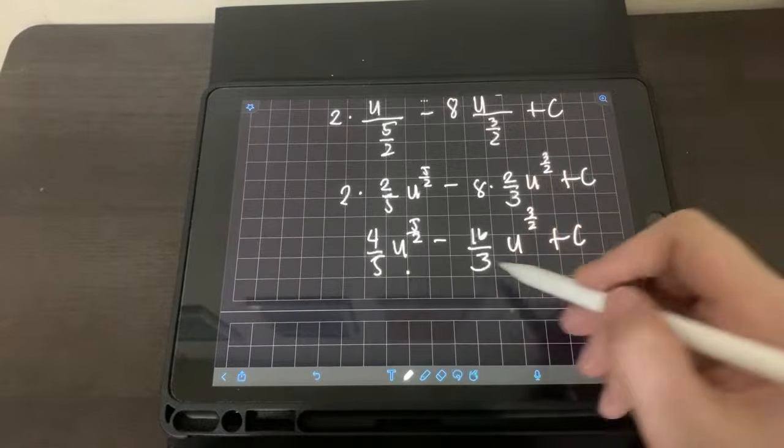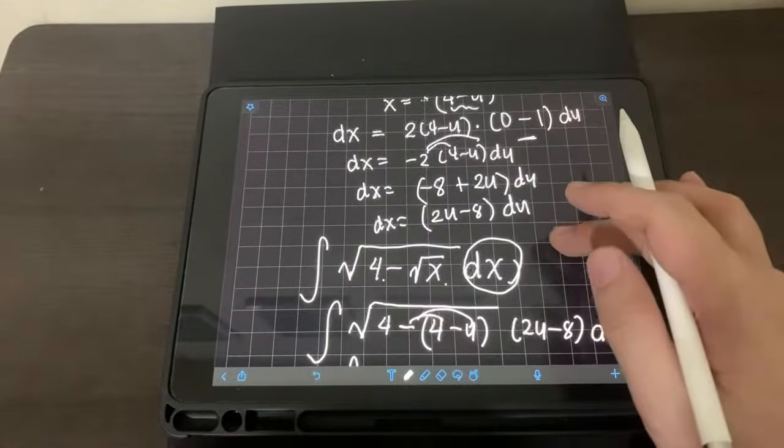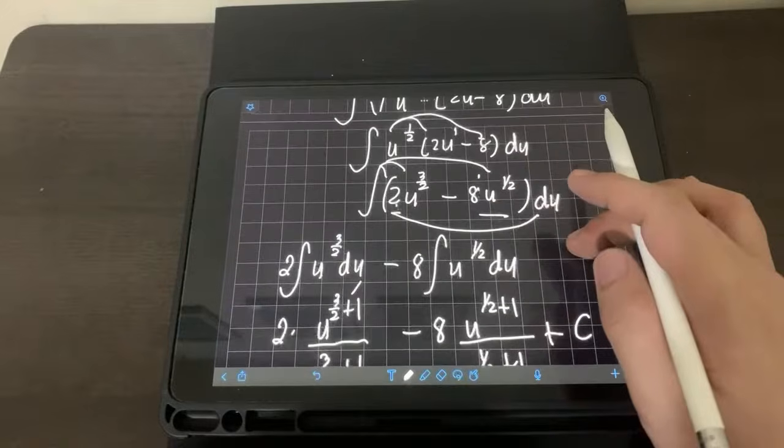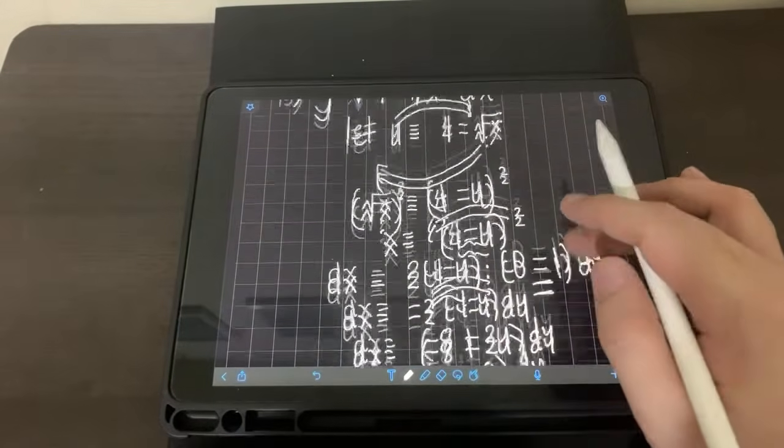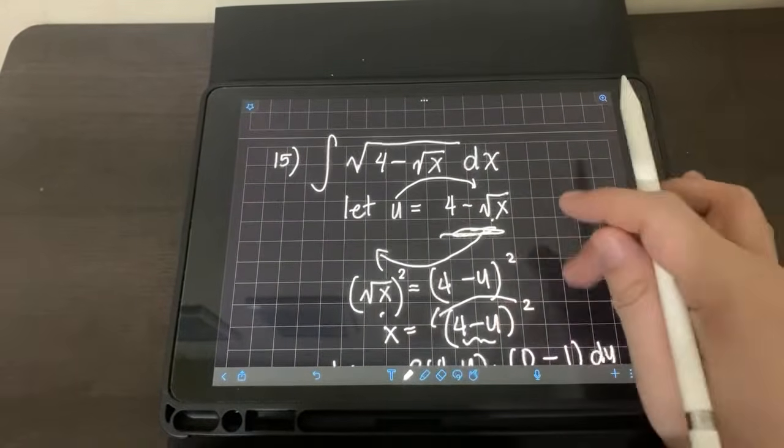And finally, just transform back the u in terms of x. What was our u? It's 4 minus square root of x.